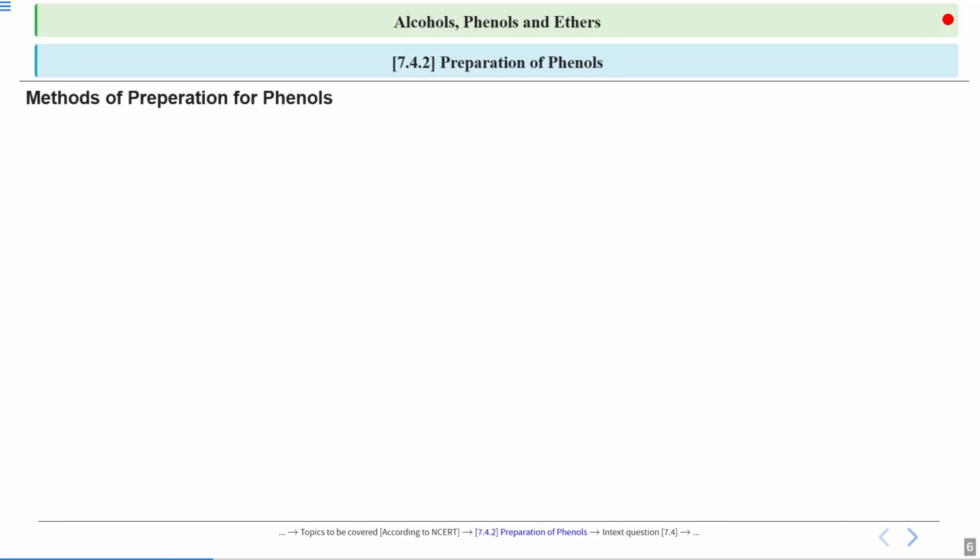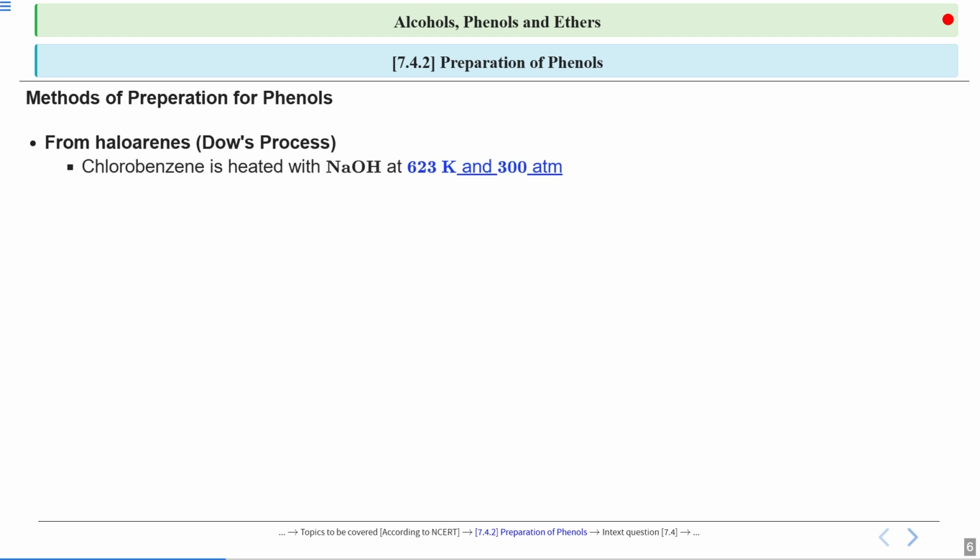The first method for the preparation of phenol is from haloarenes, and this is called Dow's process. Haloarenes means there will be one halogen attached to the benzene ring. If we take the example of a simple haloarene, chlorobenzene, a chlorine is attached to benzene.